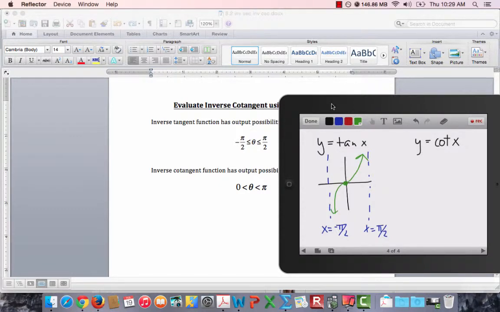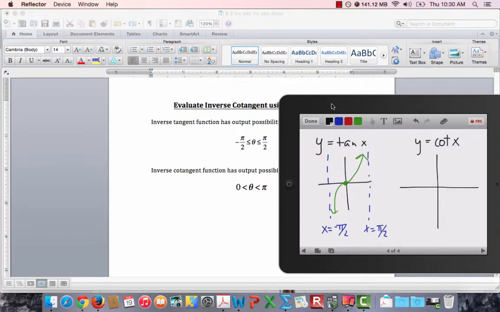This is the one-to-one piece that was flipped over the line y is equal to x in order to generate the graph of the inverse tangent. This domain restriction on regular tangent is what corresponds to the range restriction of negative pi over 2 to pi over 2 on the inverse function.